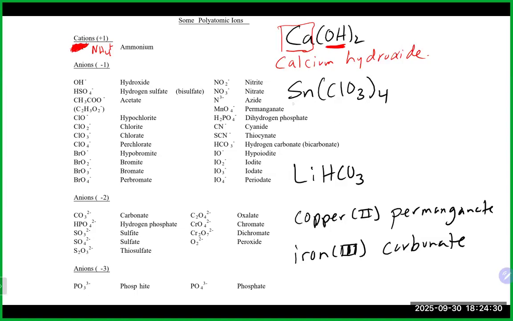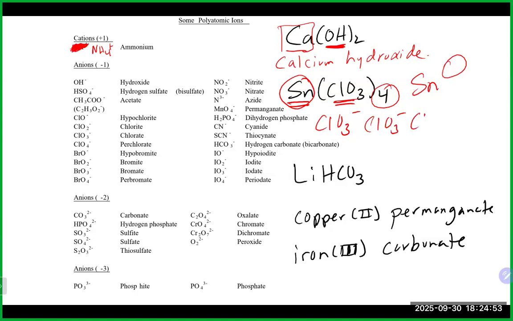Taking a look at this one, that is tin, which is a metal. That is chlorate, which is a polyatomic ion. Once again, the metal is going to dominate here whenever it's involved, and that is a metal that does need a Roman numeral. It's a type 2 metal. So again, here we have one of those tins. The ClO3 is -1, and we have 4 of them. So again, if you want, you could draw them out to help you.